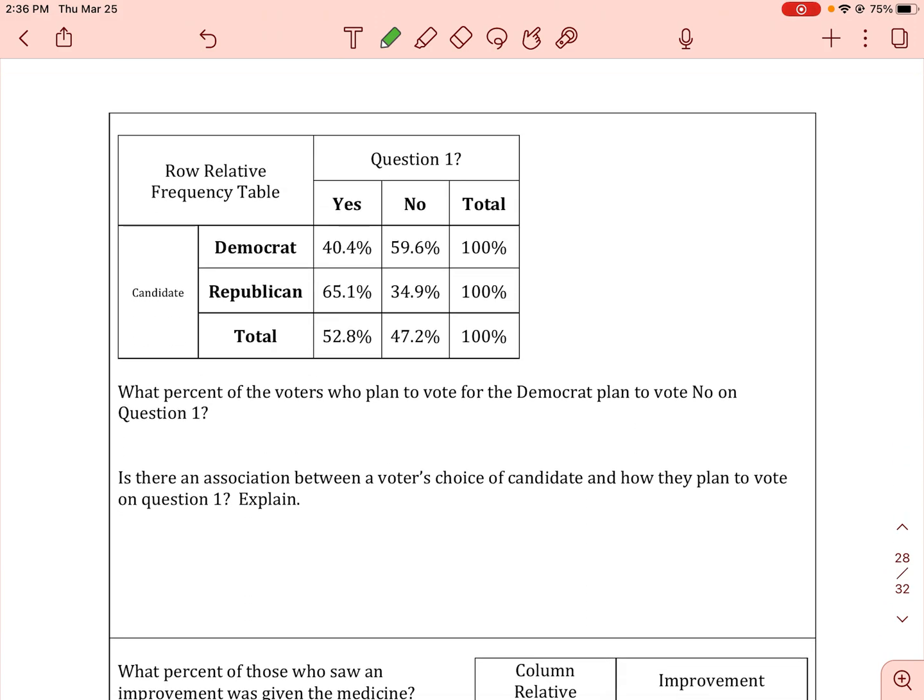What percentage of voters who plan to vote for the Democrat plan to vote no on question 1? Democrat and no. Where they overlap, 59.6%. Is there an association between the voter's choice of candidate and how they plan to vote on question 1? I'm going to say yes, there is.